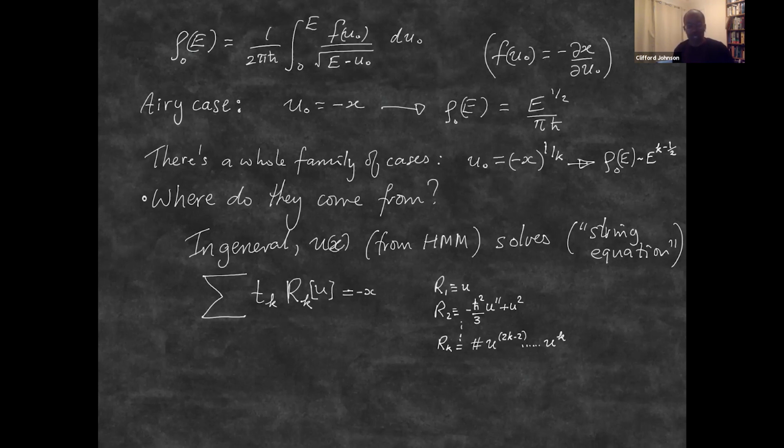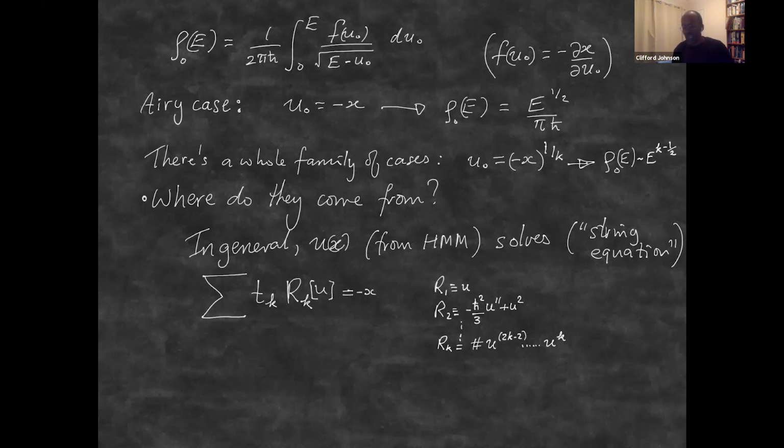I have this object which I'm calling R_K, which is some polynomial in U and its derivatives. If I drop derivatives, it turns out I just have U to some power, and that is the disk level. Including those derivatives captures all of the corrections in topology. In general, I can couple together different minimal models. If you like, what it means is I'm in one given minimal model, and I turn on operators that flow me in the direction of some of the others.